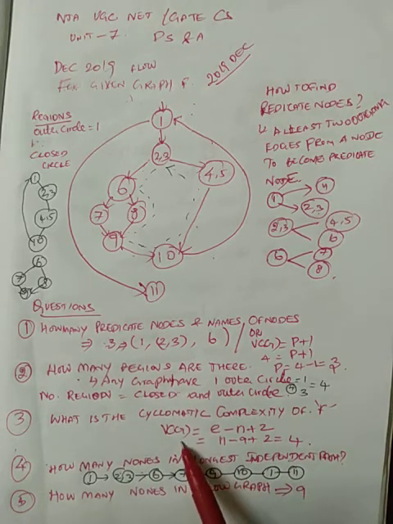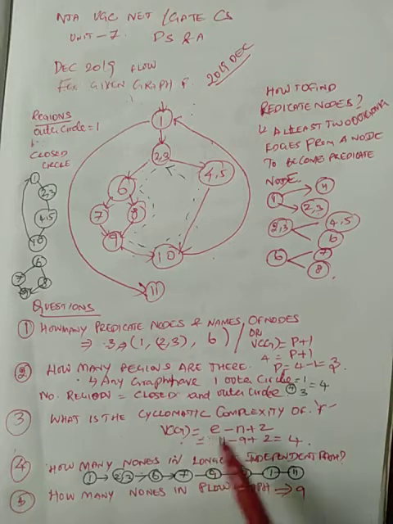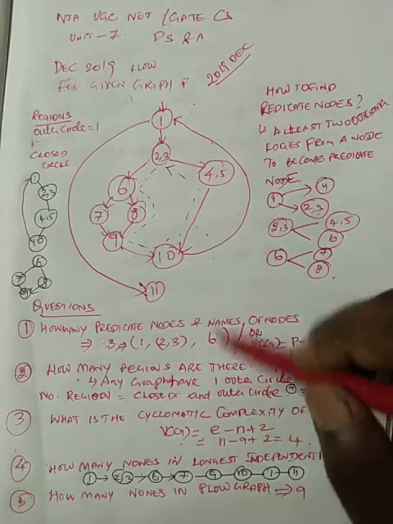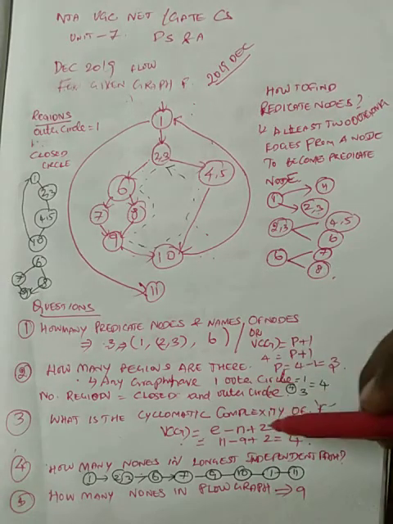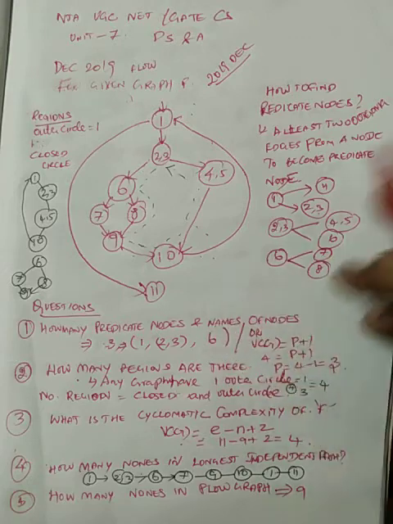The formula we have is V of G, the cyclomatic complexity, which is equal to the number of edges in the given graph minus the number of nodes in the given graph plus 2. E stands for the number of edges, N stands for the number of nodes.